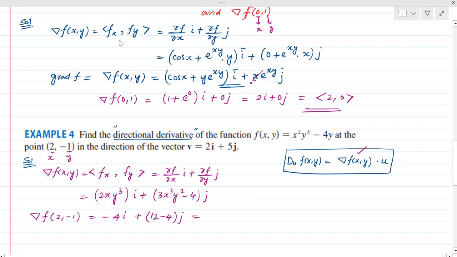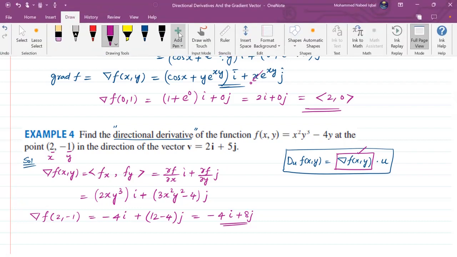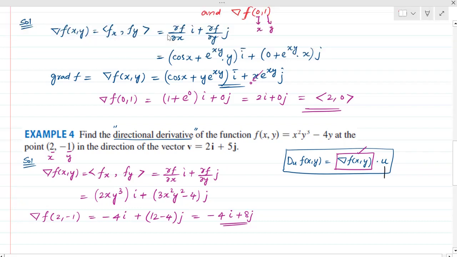If you simplify this, the vector will be given by 4i plus 8j. So this is the gradient vector. This part is finished. Now let us go with the next part, which is the unit vector of the directional vector. So how will you calculate the unit vector of any vector?